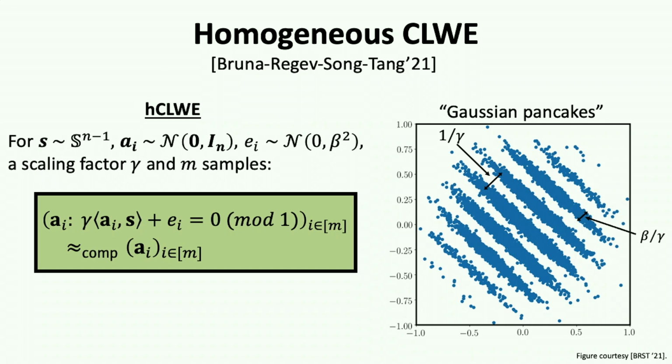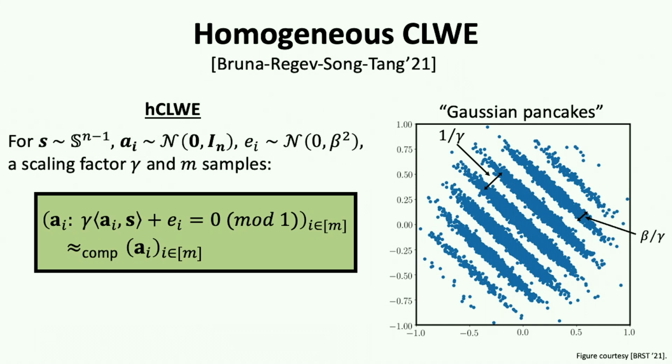So now back to the earlier question. The width of the bands is beta, essentially the amount of the error divided by gamma. And the separation between the bands is 1 over gamma. So in other words, there are gamma pancakes in this distribution. Does that make sense?